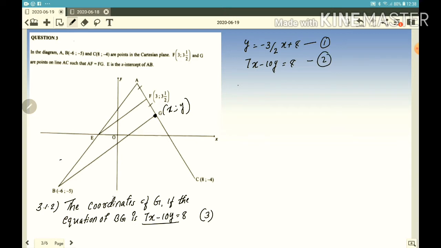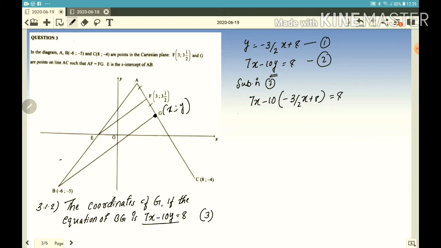I will take equation number 1 and substitute in equation number 2. In equation number 2, wherever I see y, just write the y value from equation number 1. So substitute in 2: 7x minus 10, instead of y, I am going to write minus 3 by 2 x plus 8, is equal to 8.